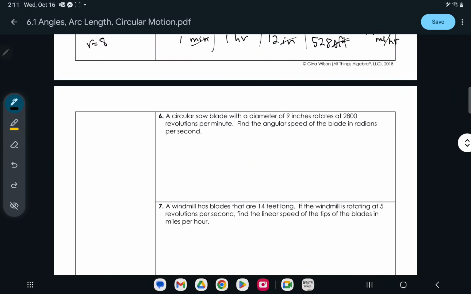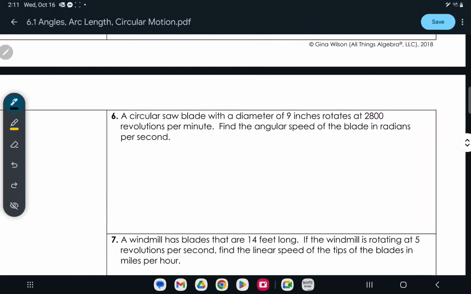All right, let's look at a few more. Actually, we'll do this one and then I'll do the last section. A circular saw blade with a diameter of 9 rotates at 2,800 revolutions per minute. Find the angular speed in radians per second.